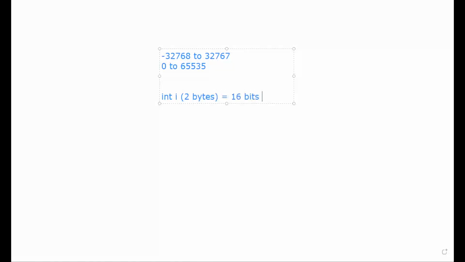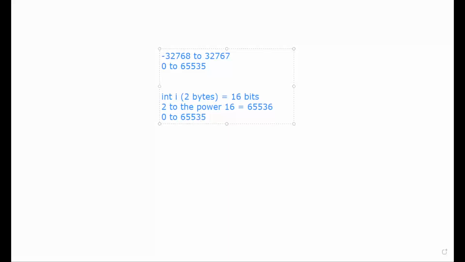So just tell me what is 2 to the power 16? It is actually 65536. So the range would go from 0 to 65535.